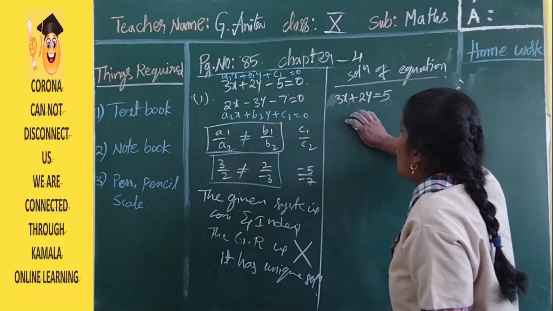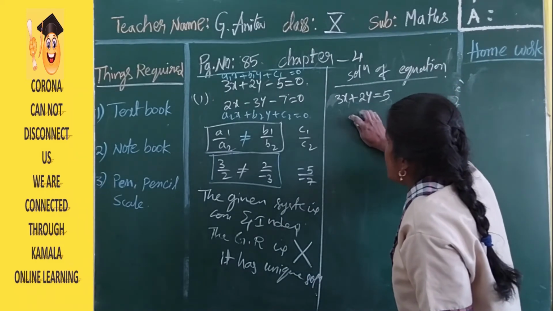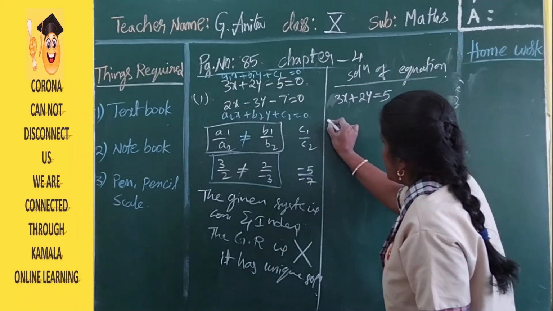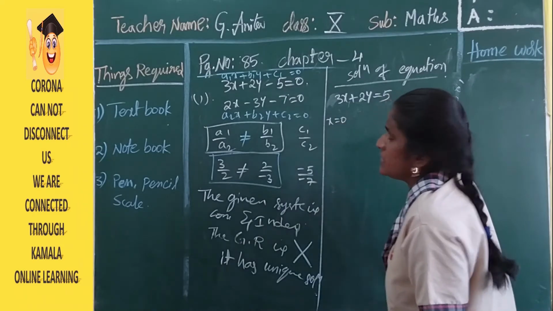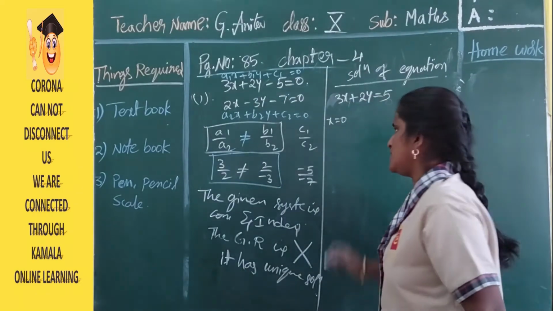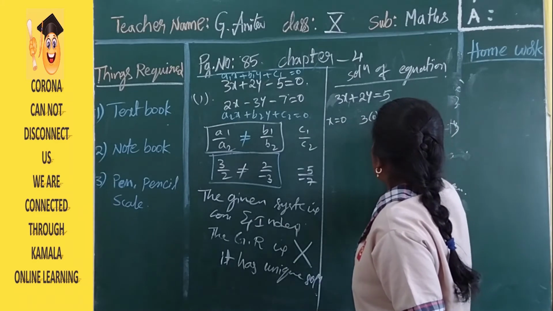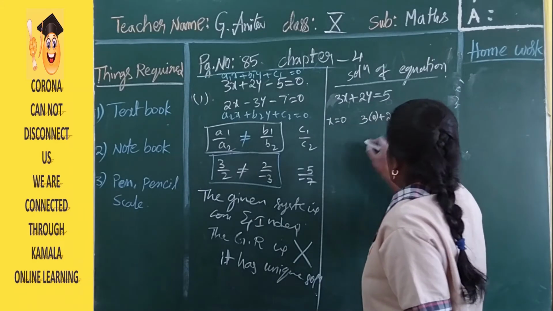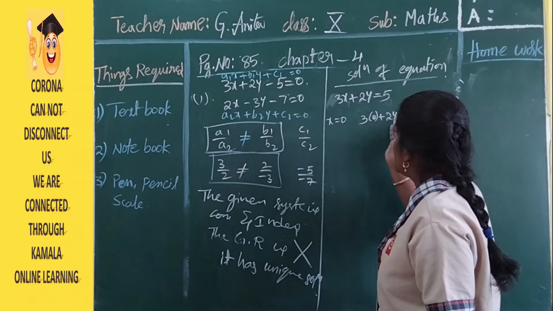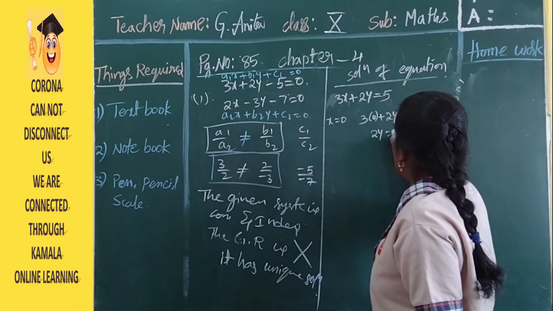How can we find the solutions of this equation? First, in place of x, we keep the x value as 0. So x is equal to 0 means 3 into 0 plus 2y is equal to 5. 3 into 0 is 0, so 2y is equal to 5.